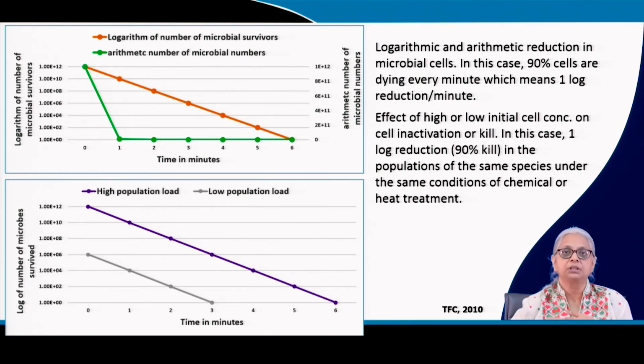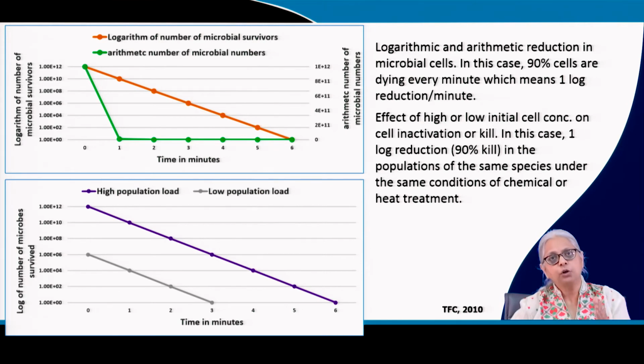How much time does it take to destroy 90% of the population? So that is one parameter. In water treatment, we use another parameter, and that is called log reduction. So I want to know how many logs of cells have been destroyed or removed in a particular process.